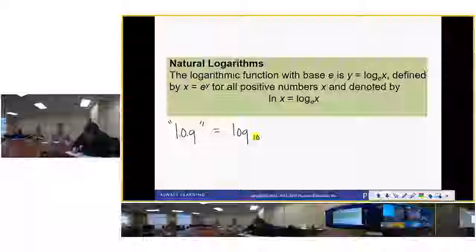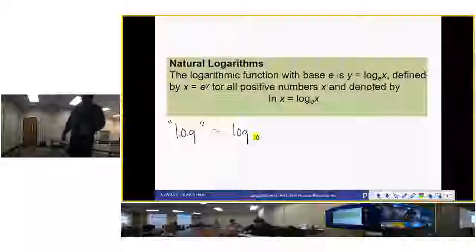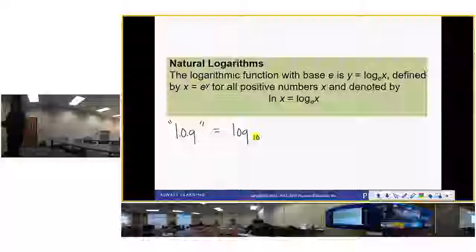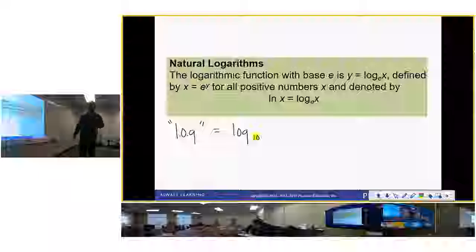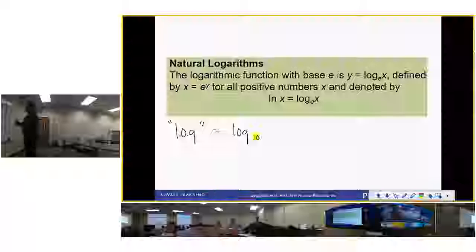If there is nothing there, it is assumed to be 10. So write that down somewhere in your notes because you're going to see LOG of a number a lot of times, and if there's nothing there, that's assumed to be log base 10, which means you can do it in your calculator.